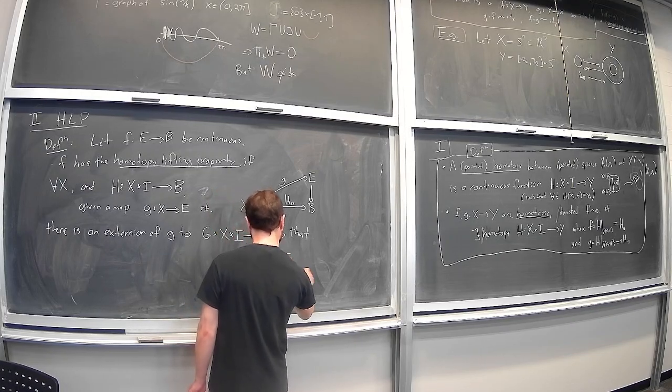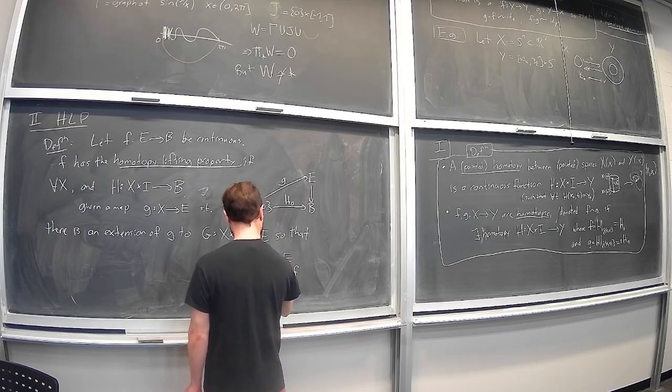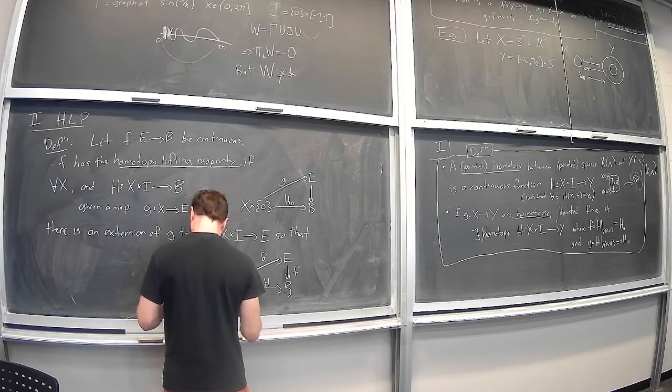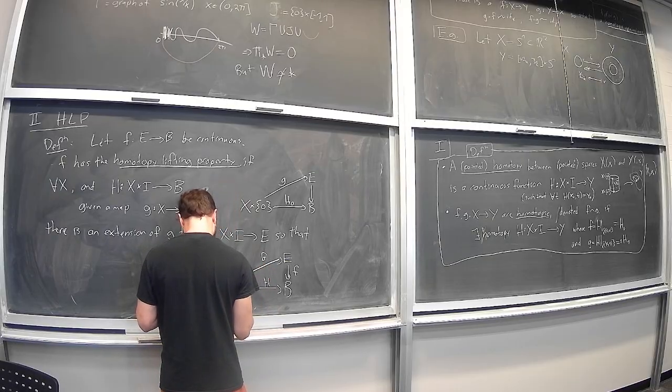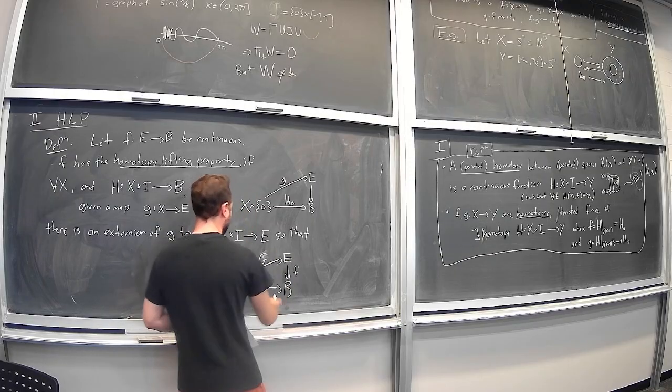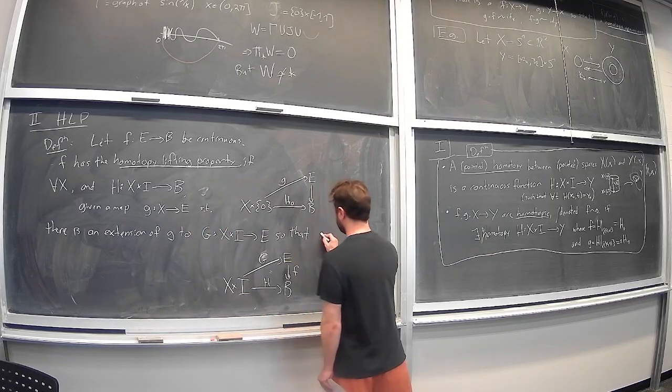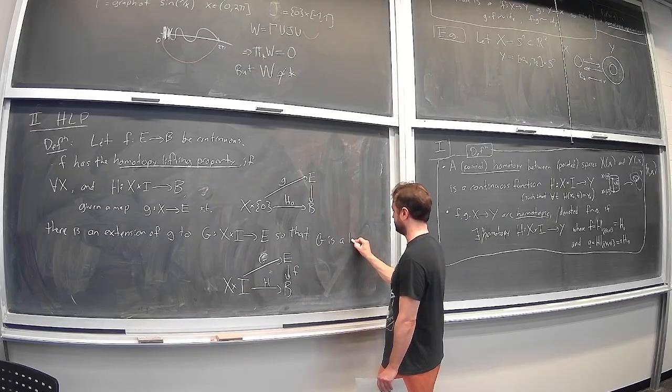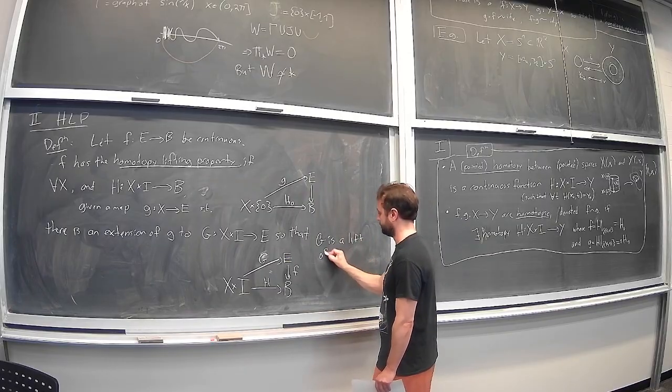So here's our F, here's our full homotopy H, and then we have G. This is the homotopy lifting property. And so this commutes, and so we would say that G is a lift of H.